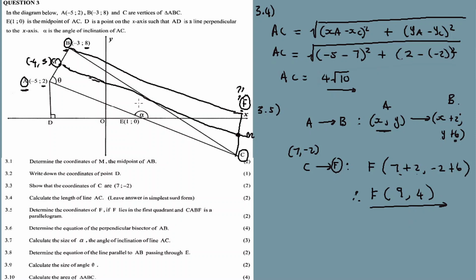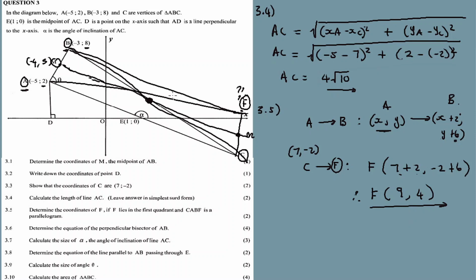Another thing you can use is the midpoints. We're calculating the midpoint of BC, because the diagonals between A and F and between B and C intersect here. So they share a common midpoint.